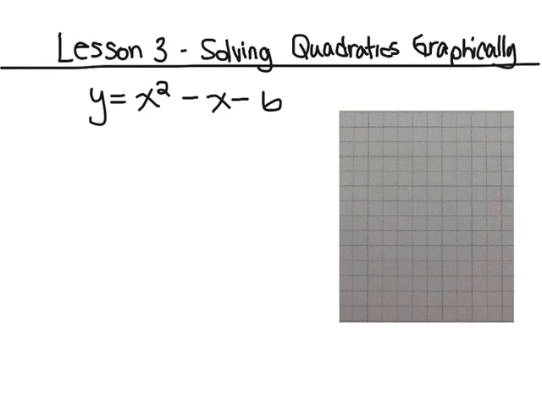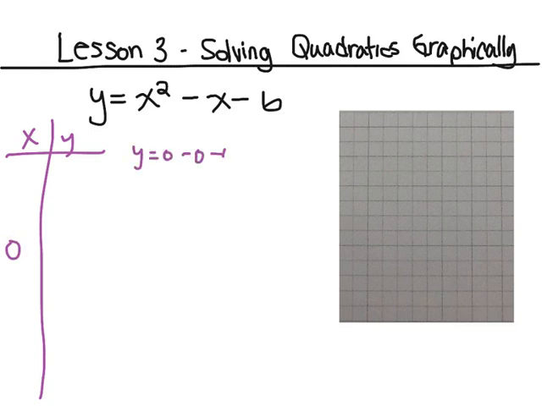For the next example, y equals x squared minus x minus 6, we want to graph this. So we're going to find a table of values first. And I always do 0 first, so y equals 0 minus 6. Y equals 1 squared minus 1 minus 6, and you should get 1 minus 1 is 0, minus 6 is negative 6.